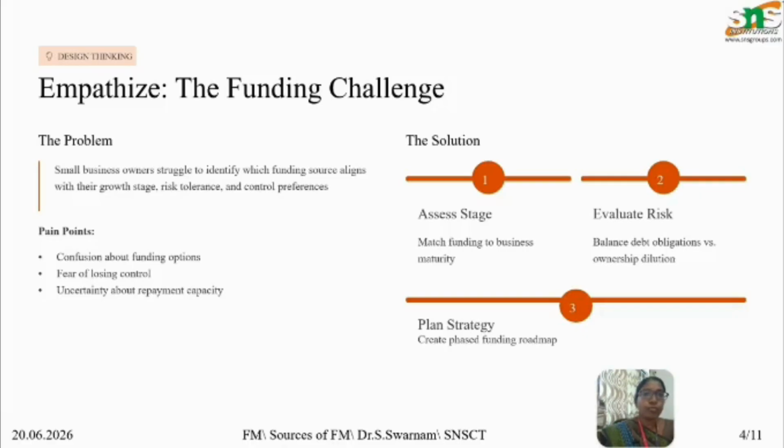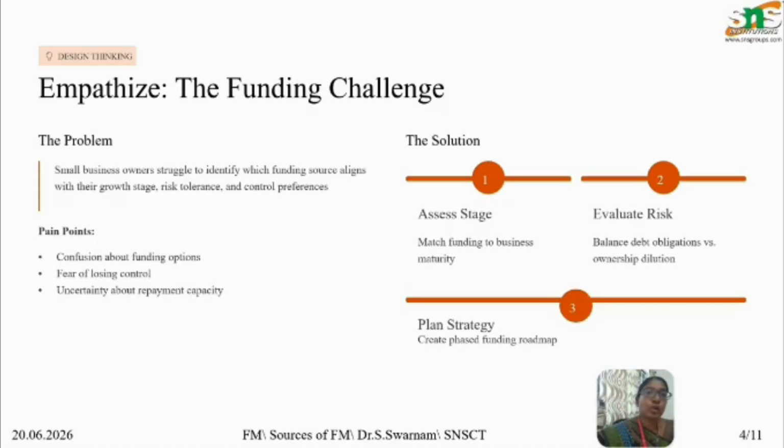Now we will see what sort of solution can be provided to the company to overcome this problem of raising funds. What funding options does the company have to overcome it? That is what we are going to discuss. The first thing the company should always think about is the stage: the company should match the fund according to its business maturity, and evaluate the risk of the sources available in the market.